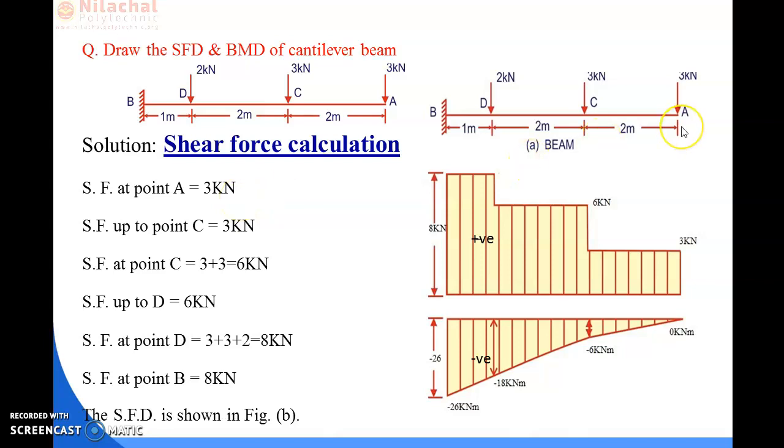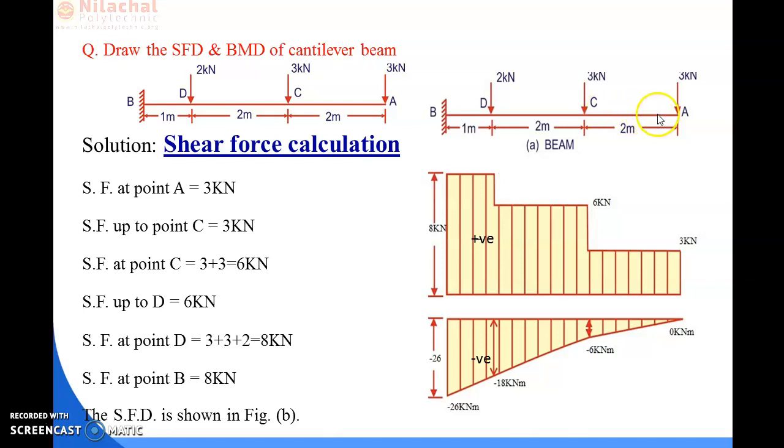Then next is the shear force up to point C, that means the shear force from A up to C. While we consider the shear force from A up to C, we need to verify whether another load is provided or not.